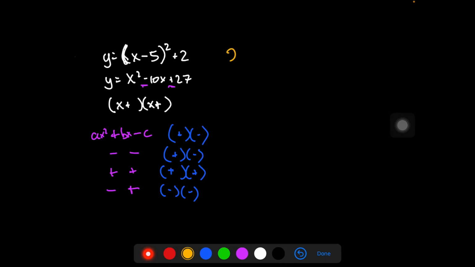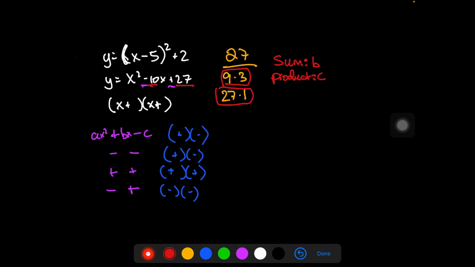Now, let's look at factors of 27. We've got 9 times 3 and 27 times 1. That doesn't really help us a whole lot, because we can't mix and match; it has to be the pair. The sum of one of those pairs has to equal the b term in our standard form, and the product has to equal that c term. And any way we spin it, if we had plus 9 minus 3, we know that we're going to be working with plus minus.